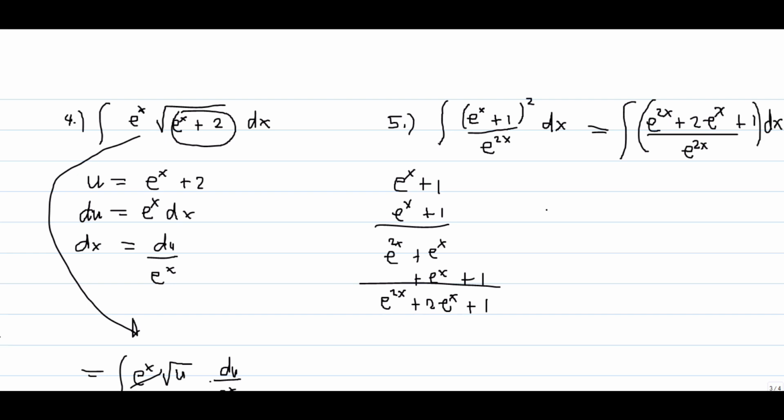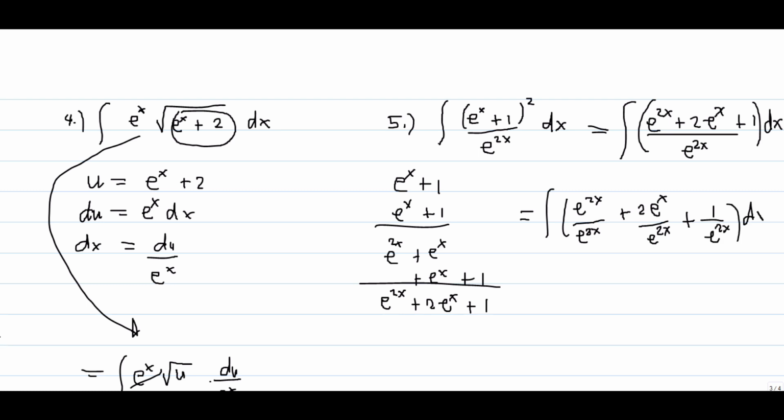Then we can now divide individually. So we have e to the power 2x over e to the power 2x, then plus 2 e to the power x over e to the power 2x, then plus 1 over e to the power 2x, then dx.